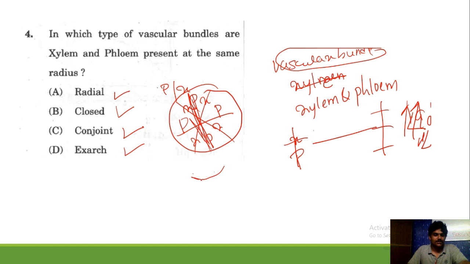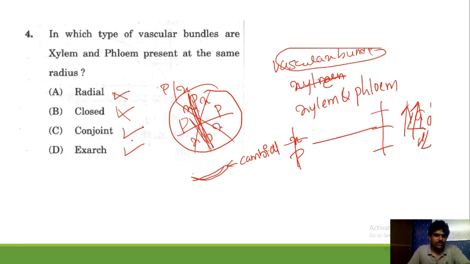That differentiation is the cambial layer, right? The cambial layer should be there. But in the closed type of system no cambial layer is found, so we can directly eliminate the option. Since there is no cambial layer, it doesn't come into one radius.